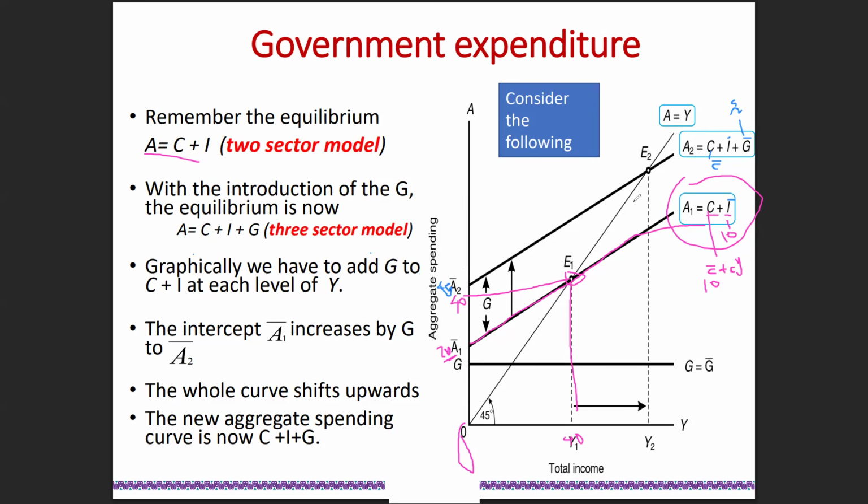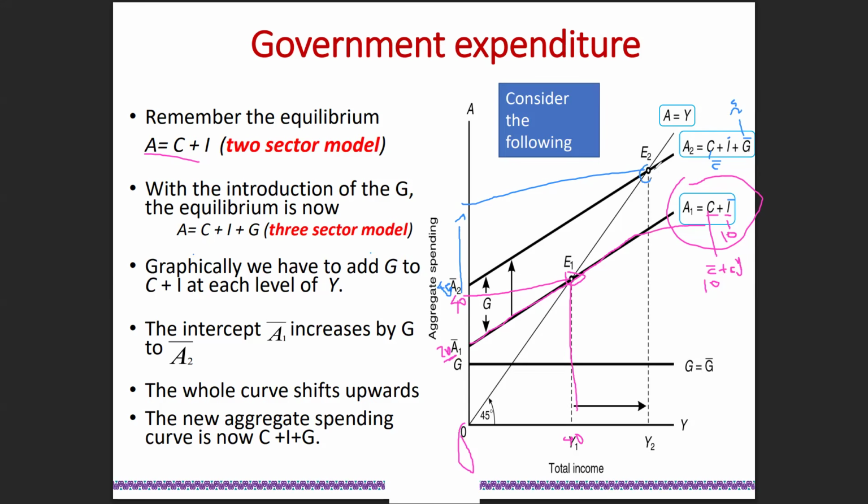And then you can see also our aggregate expenditure is going to increase as well, from 40 to this point. Also, the income is going to increase from Y1 to Y2. And also the equilibrium shifts upwards from E1 to E2.